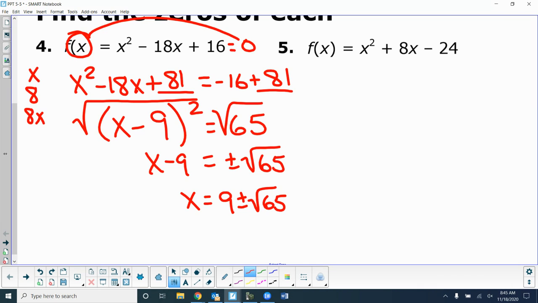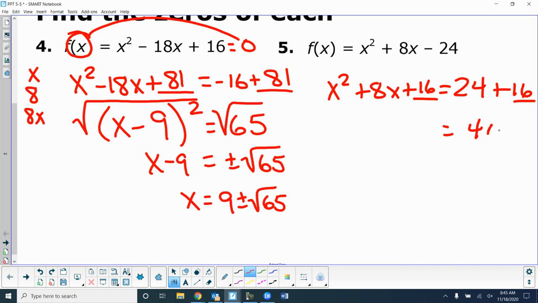We just did. So the x squared plus 8x plus blank. And then I'm moving the 24 over, so I add it, so it's positive. What goes in the blank? 16. So I got 40 on the right, and x plus 4 squared on the left.